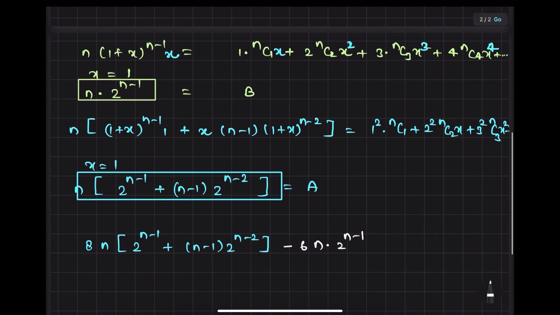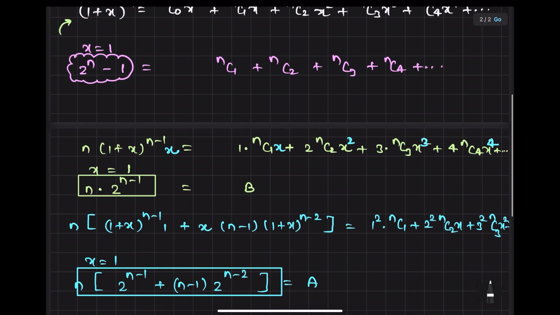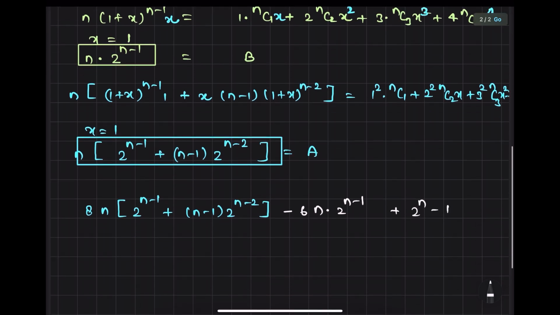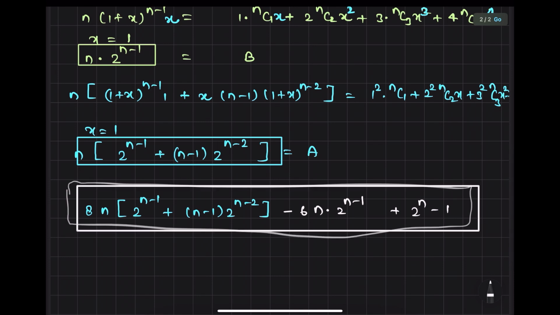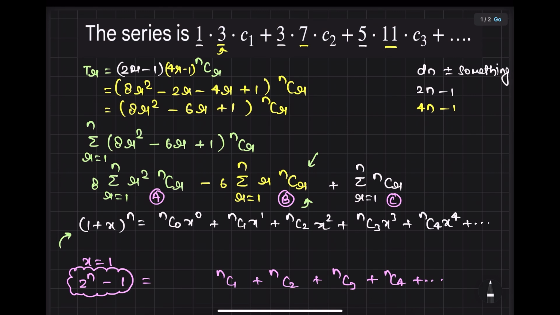Okay. Now focus on C part. C part is addition of C. So it is add 2 power n minus 1. So this is your required answer. If you want, you can simplify things and you can get your required result done. I hope you got the approach and you can handle similar situations. Okay.